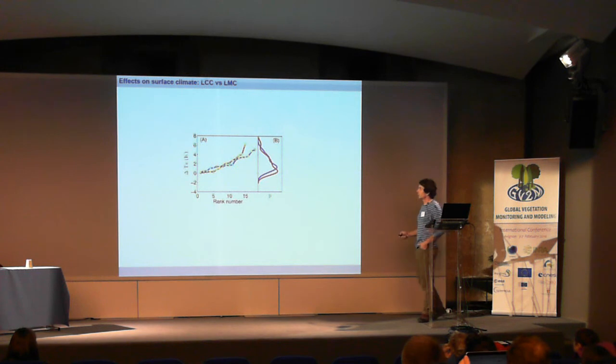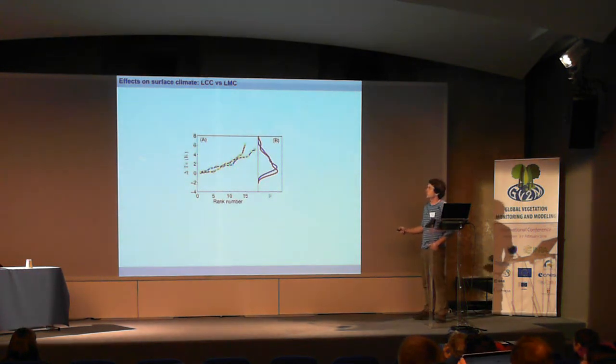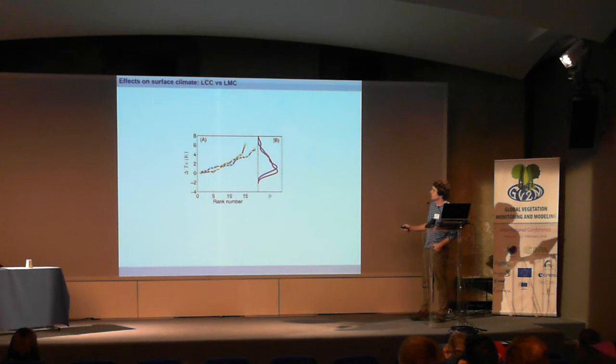Then we just looked at the data, surface temperature. We got surface temperature from radiometers on the sites. The blue line is the land cover change, and the red line is the land management change.